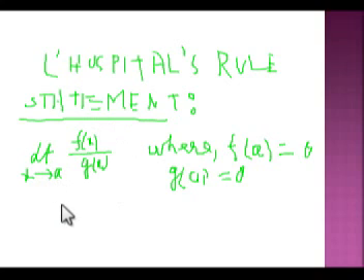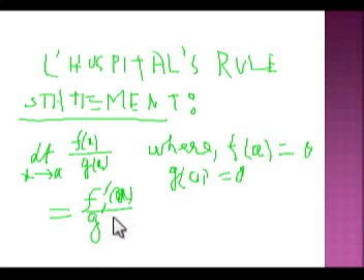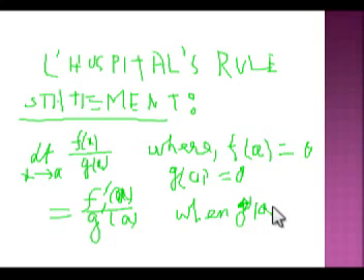By L'Hospital's statement, it will be equal to the first derivative of f(x) at the point a, over the first derivative of g(x) at the point a, when the first derivative of g(x) at the point a is not equal to 0.